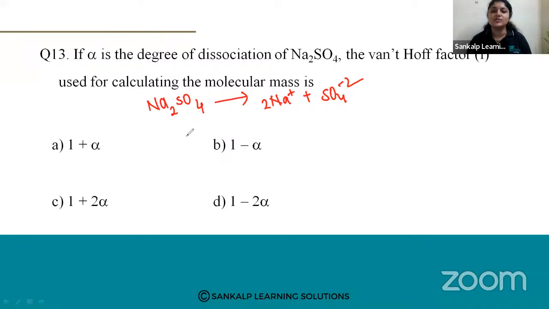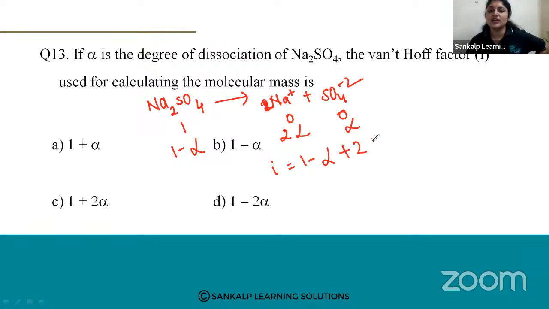Here the initial amount is 1, and the products are 0 and 0. So it is given as 1 minus alpha; with coefficient 2 it is 2 alpha, and with no coefficient it is alpha. So i is 1 minus alpha plus 2 alpha plus alpha upon 1.